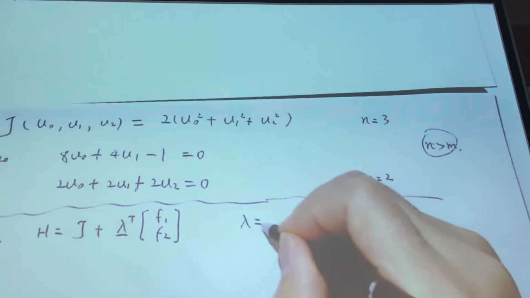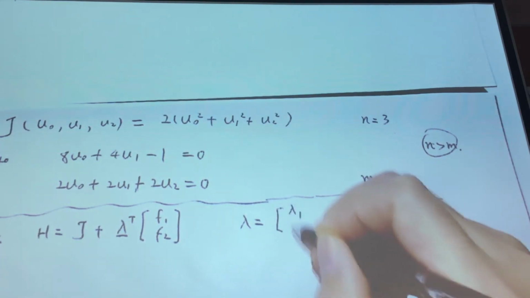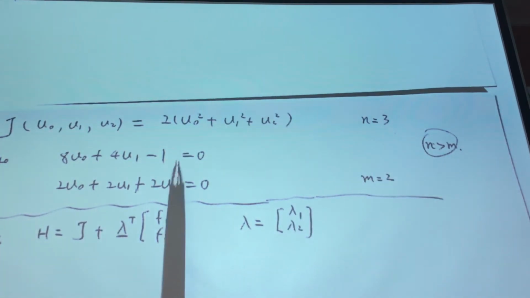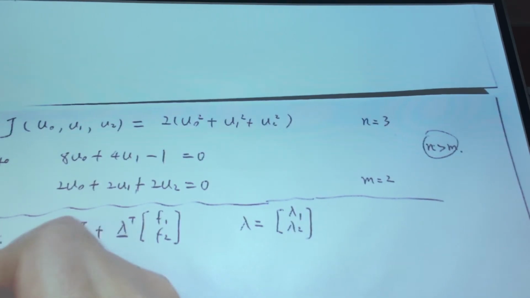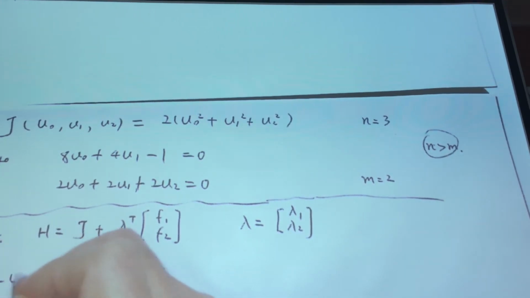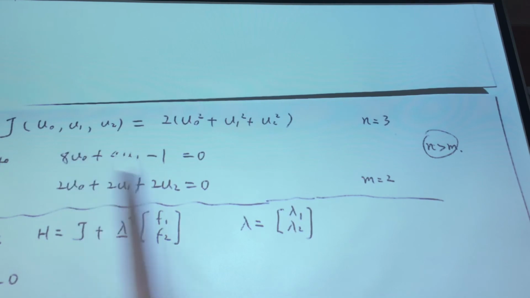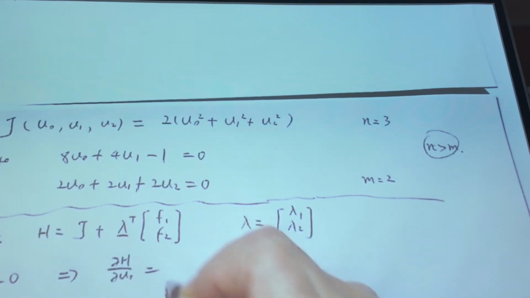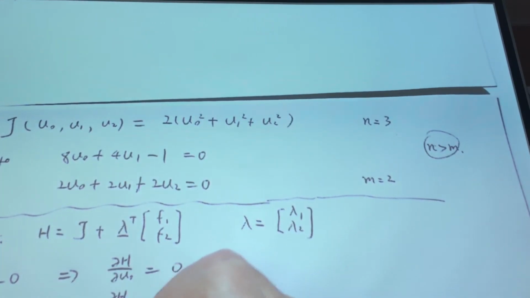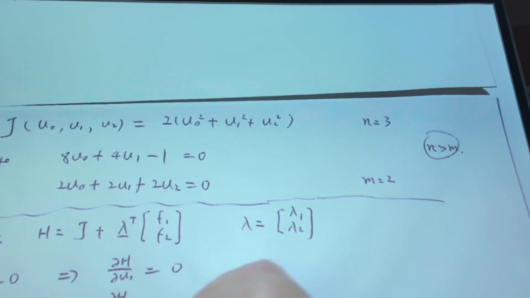You define lambda to be lambda 1, lambda 2, because we have two constraints here. Then you may set dH/du equal to 0. This will give you three equations: dH/du0 equal to 0, dH/du1 equal to 0, and dH/du2 equal to 0.